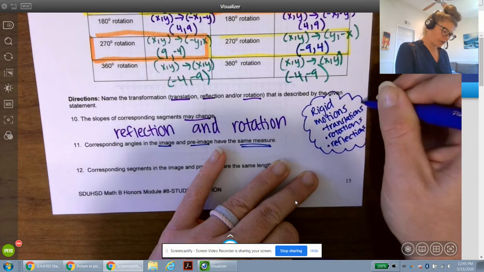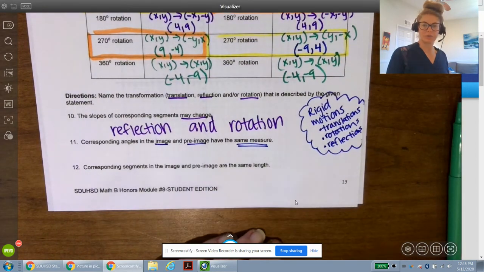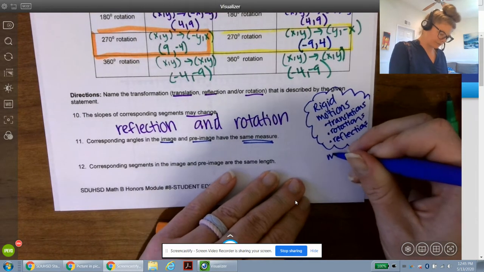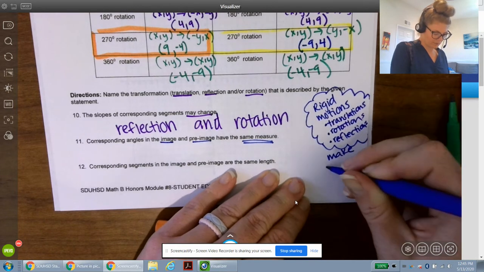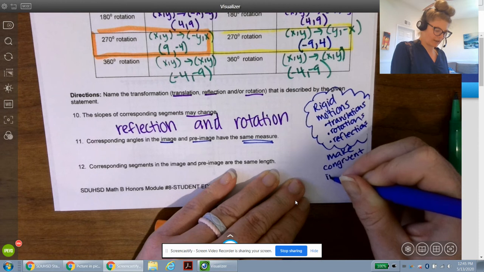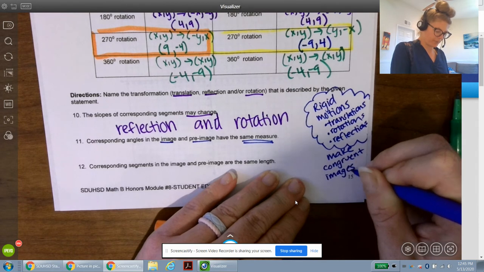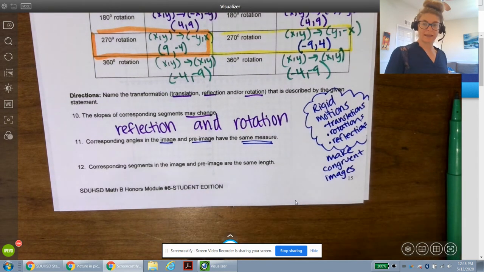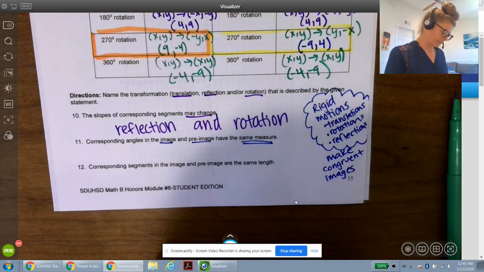And that's really important because rigid motions make congruent images. Congruent images are the same size and same shape.